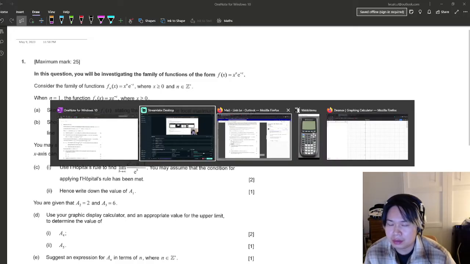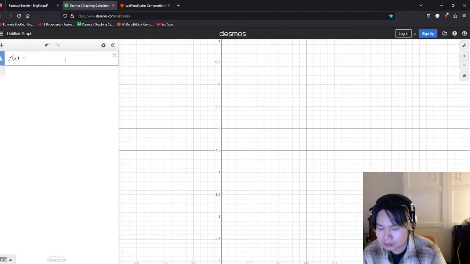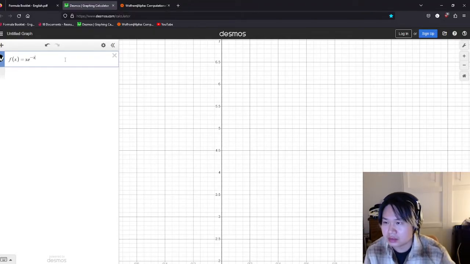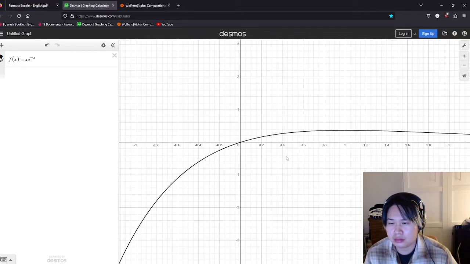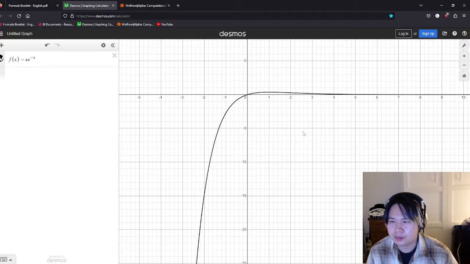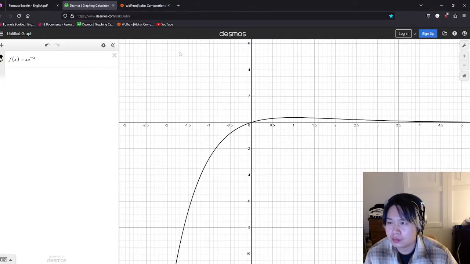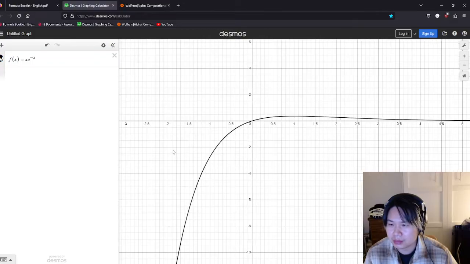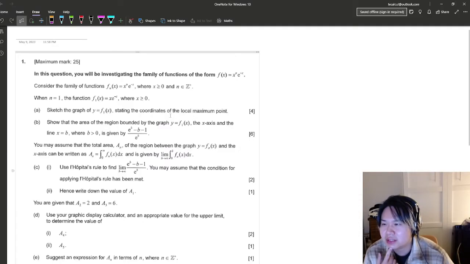Okay, so in paper 3s you're allowed your graphing calculator, so I'm just going to do that. So here's your graph. Because this is a negative, you're going to divide by e to the power of x. There's probably some sort of asymptote somewhere. How do they want you to sketch this?